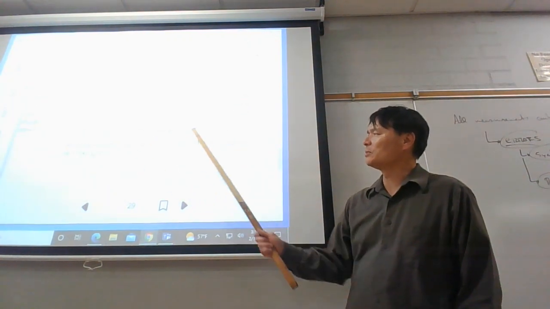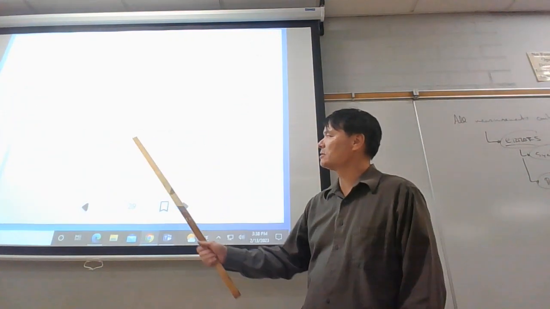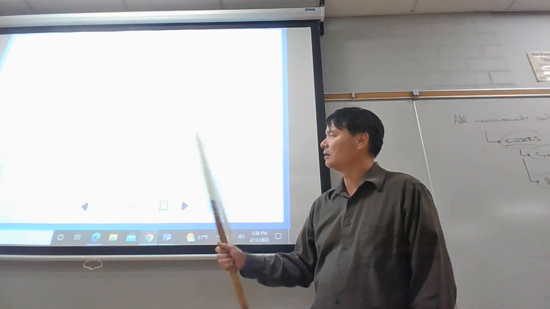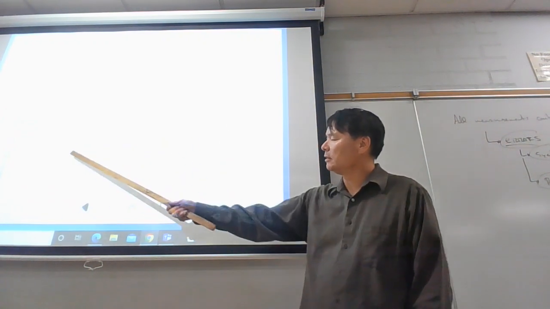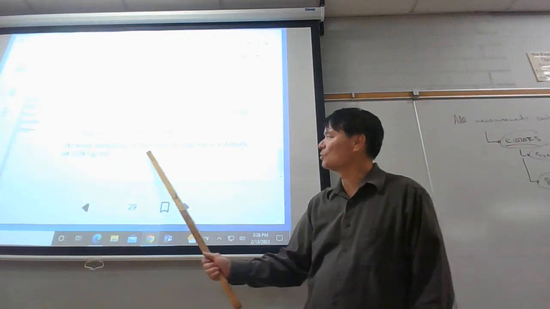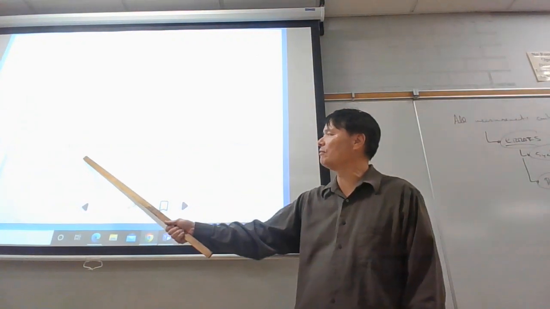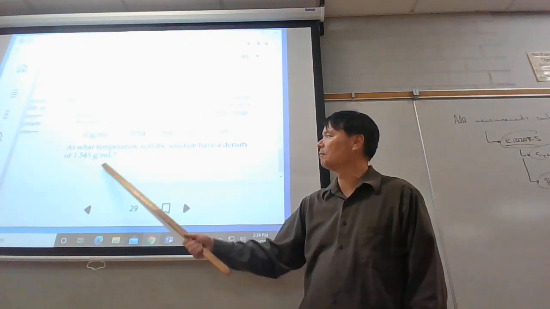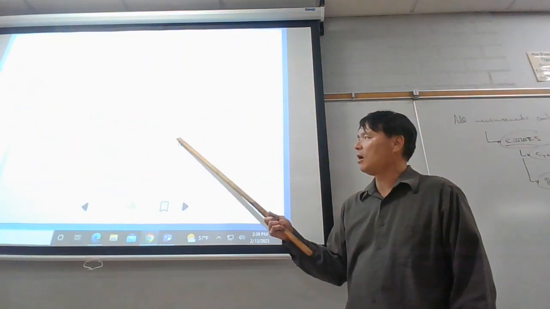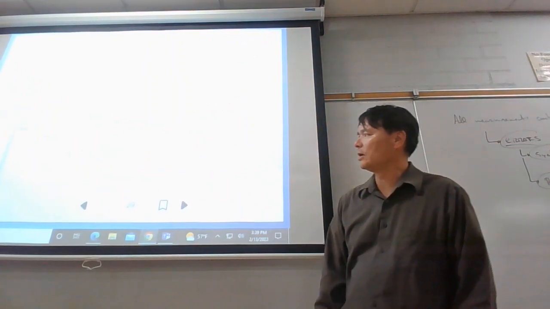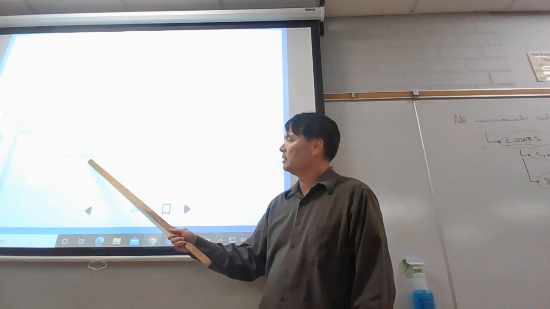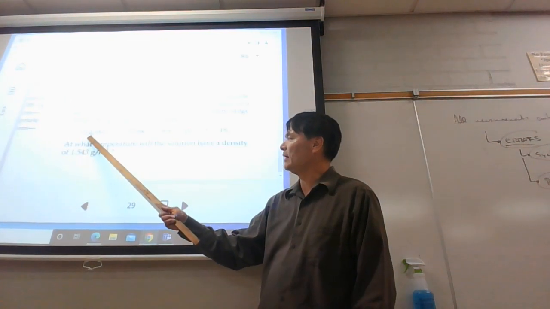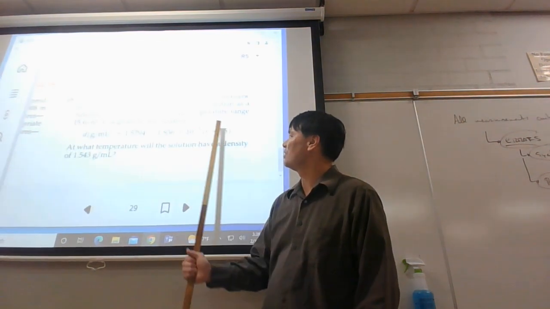We could use this equation to predict the temperature, or we could use this equation to predict the density, given the other. And so in this particular problem, at what temperature will the solution have a density of 1.543 grams per milliliter? So we can use this empirical equation, just plug in the density here, 1.543 grams per milliliter, and then solve for T.